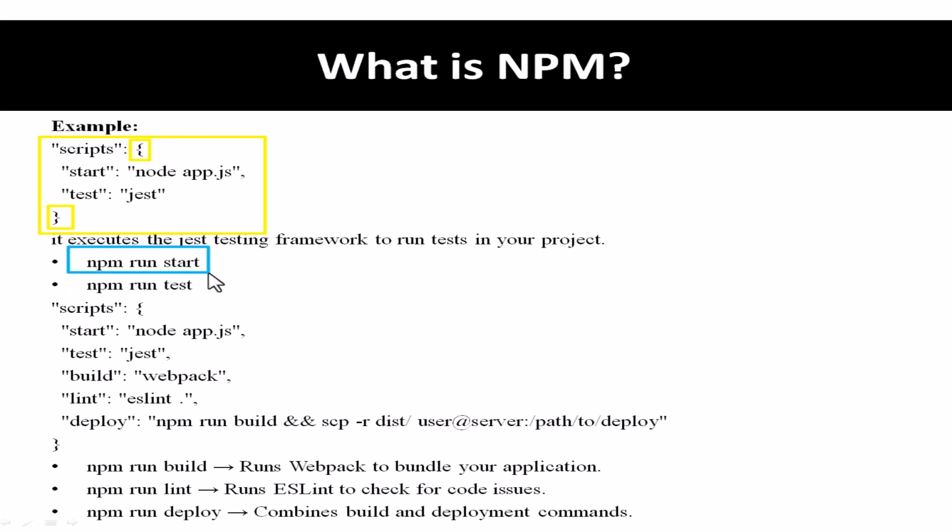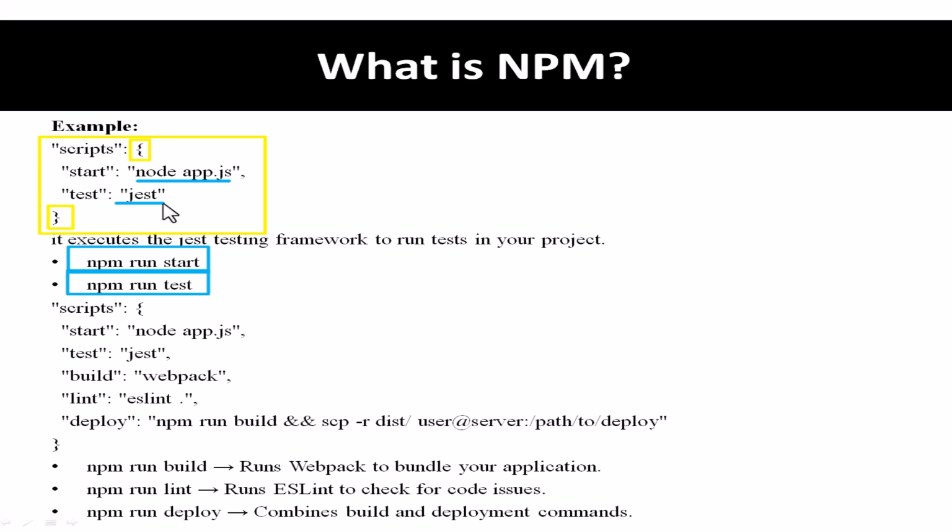Next, if you want to execute the program, you type npm run start and npm run test. Here, if you consider start as node app.js, it means it is going to start whatever app you name, with the particular command node app.js.